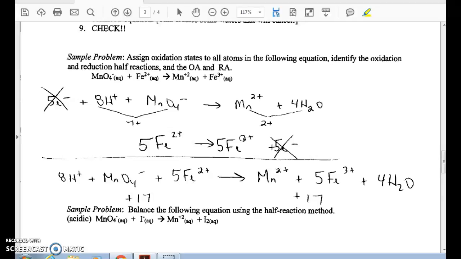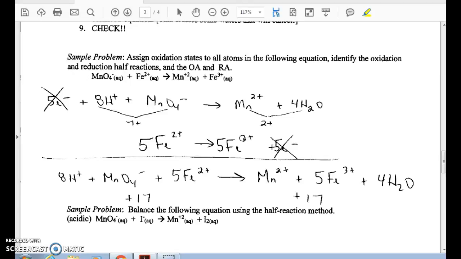Then I balance any atoms other than oxygen or hydrogen, and in this case I don't have any of those. So I have one manganese and one manganese in the first equation, and one iron in the second equation. So I don't need to balance the atoms that are not oxygen or hydrogen. So when I need to balance oxygen, as I do in the first half equation, I need to add water to balance the oxygen.